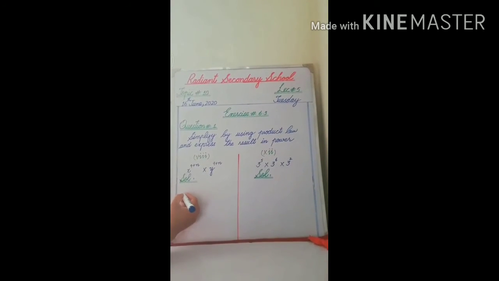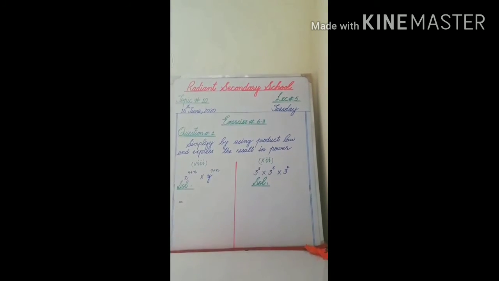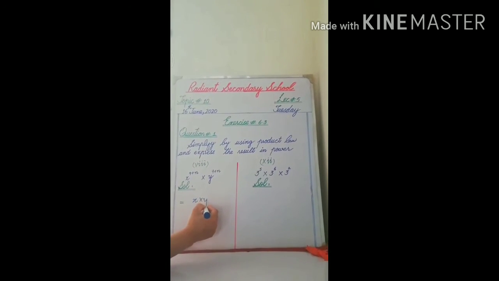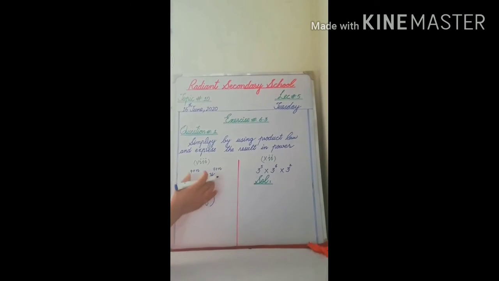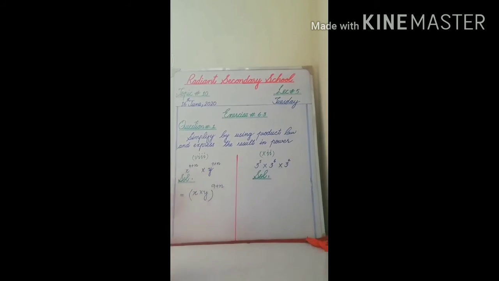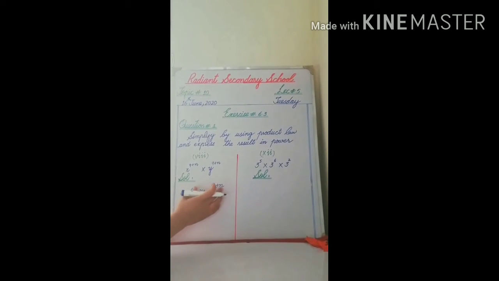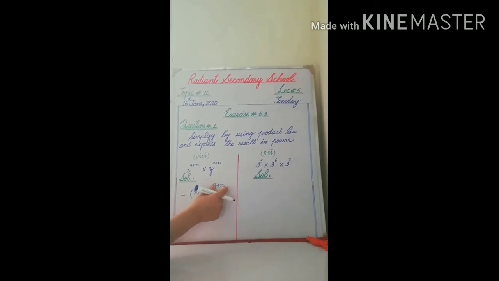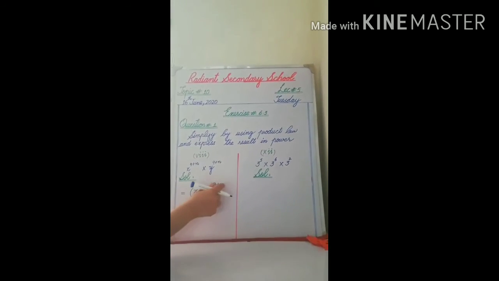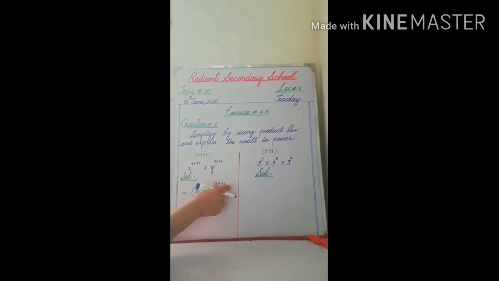What we have learned about the second condition of product law, we have learned when our bases will be different, then we will write both bases in one bracket and exponent will be collected. Whole exponent means 9 plus n belongs to y and 9 plus n belongs to x. It means this is an exponent of both bases.